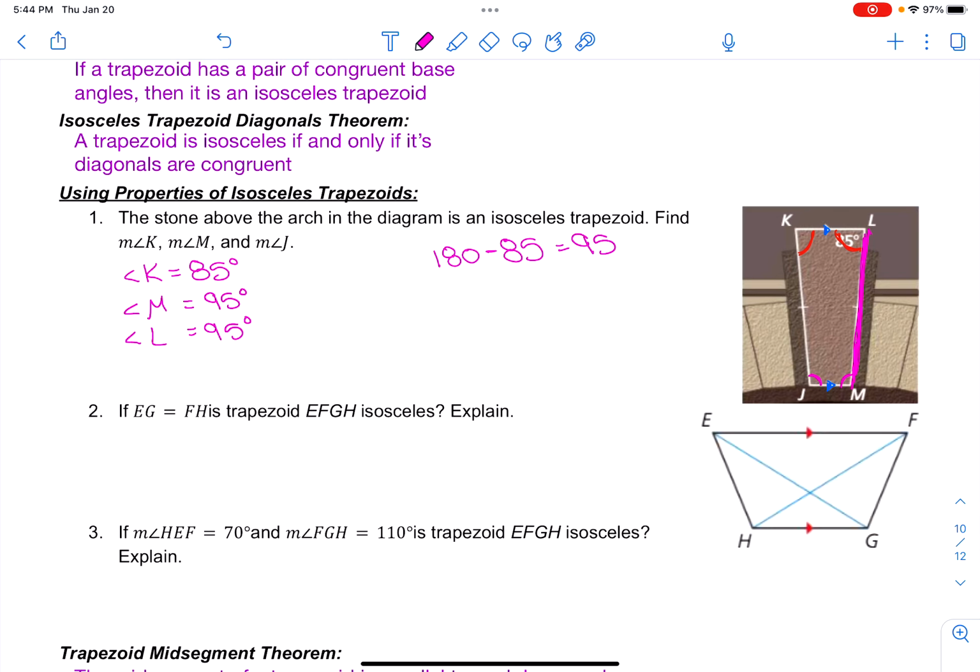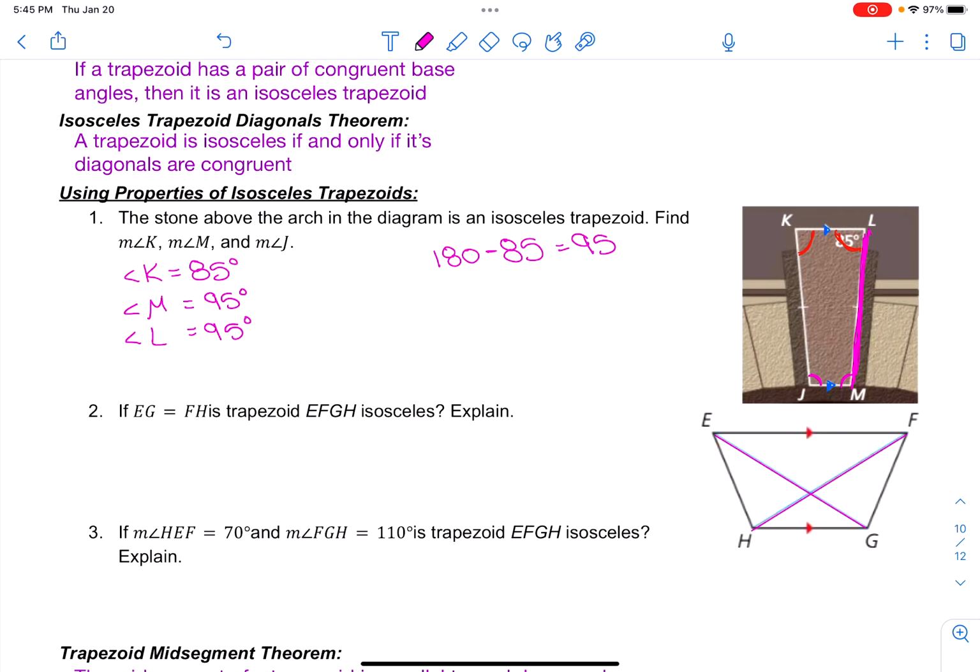All right, in number 2, it says if EG equals FH, is trapezoid EFGH isosceles? So they are talking about this guy, EG, and FH.